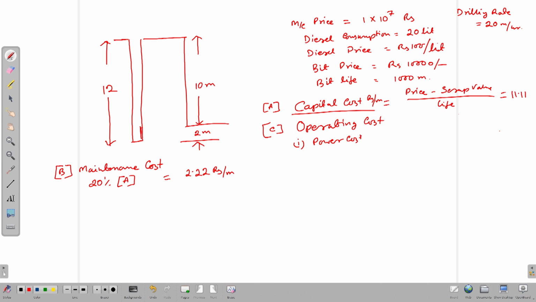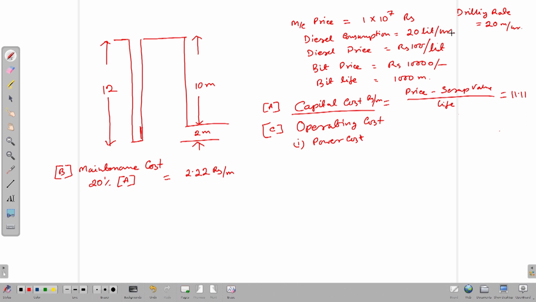This power cost means the direct consumption of the fuel for operation of that particular machine or equipment. For this case it is already given that this is consuming 20 liters of diesel per hour. So, 20 liters of diesel per hour is being consumed by this machine.